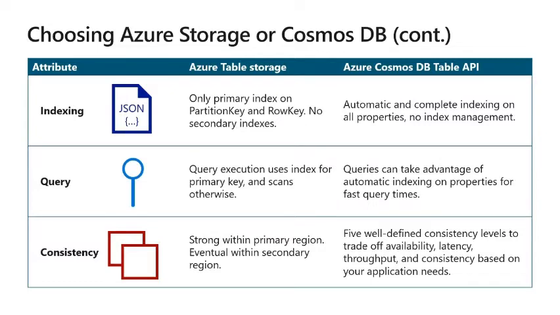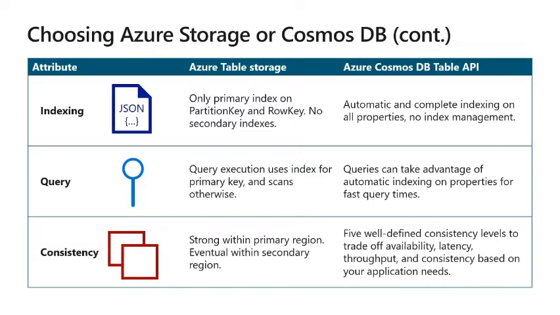Azure Cosmos DB Table API. So next in the same line is indexing. Table storage has only a primary index on partition key and row key, no secondary indexes. Whereas Azure Cosmos DB has automatic and complete indexing on all properties, with no index management.